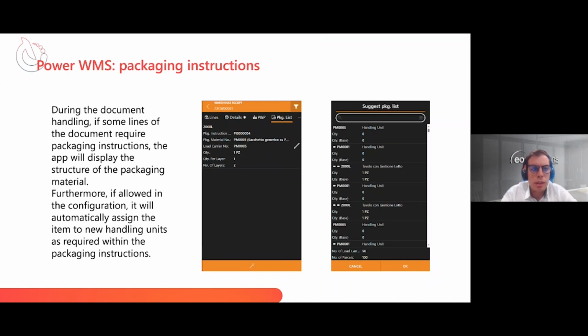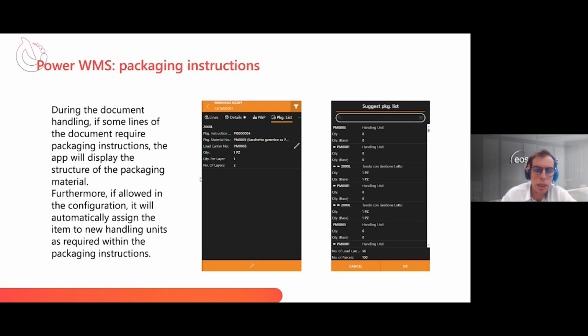The Power WMS is also able to handle the packaging instructions. So if some lines of the document require some specific packaging instruction, for example, a customer requires a specific handling unit or a specific number of goods inside the handling unit, we can create some specification and we can tell the user how to create the handling unit.